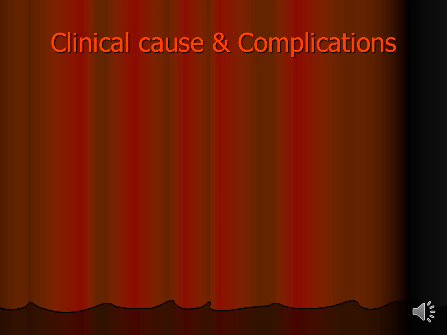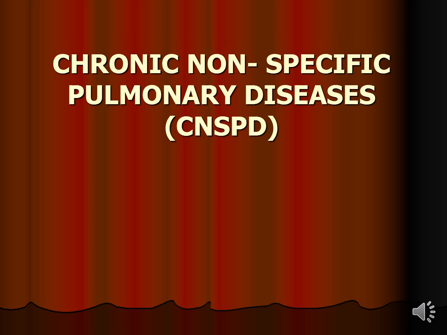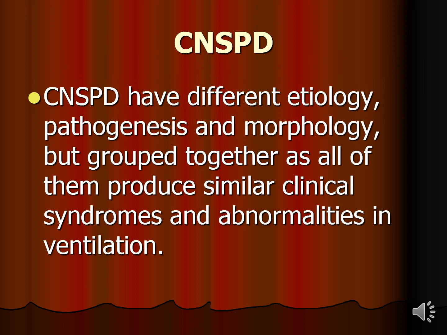not only lung but also heart insufficiency. The second big group of diseases is chronic non-specific pulmonary diseases, which have different etiology, pathogenesis, morphology, but are grouped together as all of them produce similar clinical syndromes and abnormalities in ventilation.